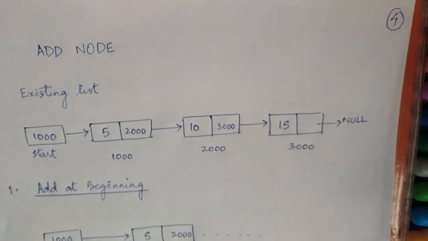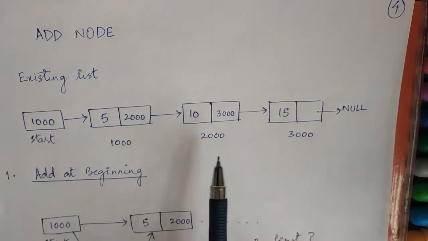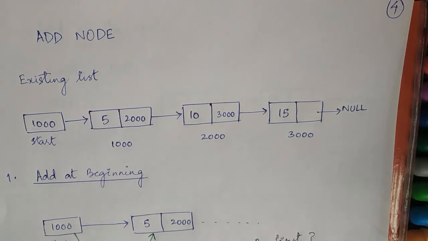So let's take this as our basic linked list, or you can say this is our current linked list in our program. This is what we have created till now, and we will use this as a base case to do our additions and deletions. So the first case is add at beginning. When you want to add a node at the beginning, the first thing you have to do is use your malloc function to declare memory equal to one node of the linked list.